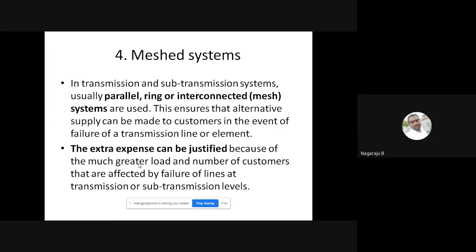Within one day, everything was covered and we were getting power from the discoms. Why? Because those are connected in a meshed type of system.